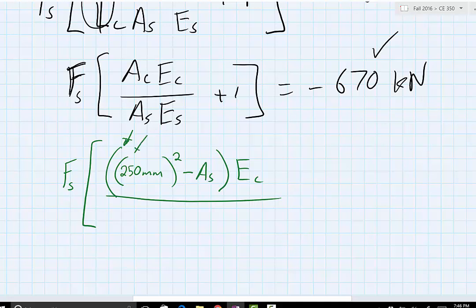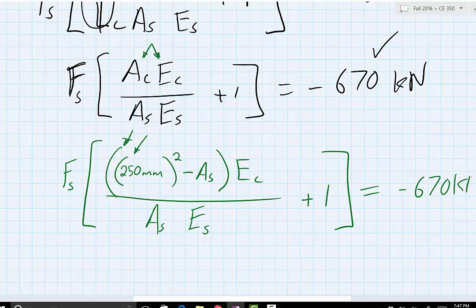So this 250 millimeters squared minus the area of the steel, this whole thing has to be multiplied to the modulus of elasticity, because between these two pieces up here, it's multiplication. So don't mess that up. You can't just square the 250 and then multiply E to each. Well, I guess you could do it to each piece, but be careful here with your algebra. Again, we have a sub s, e sub s, and then plus 1 multiplier equals negative 670 kilonewtons.